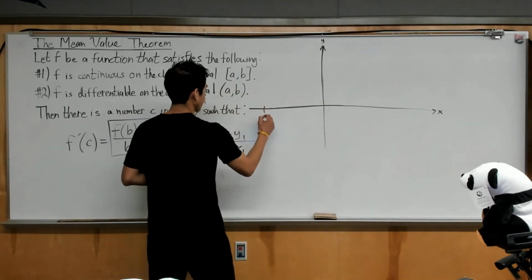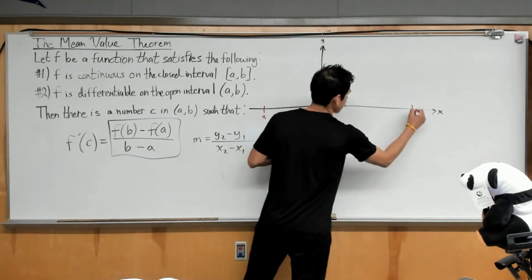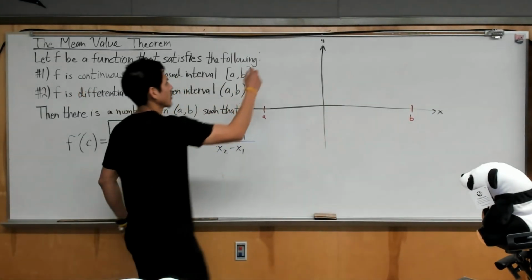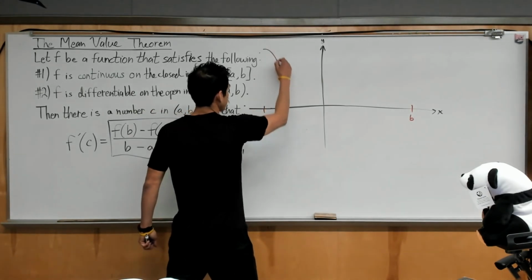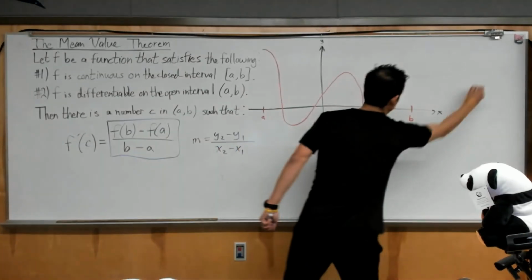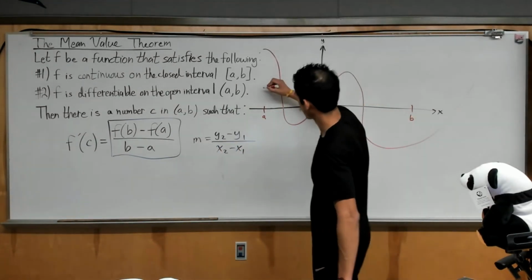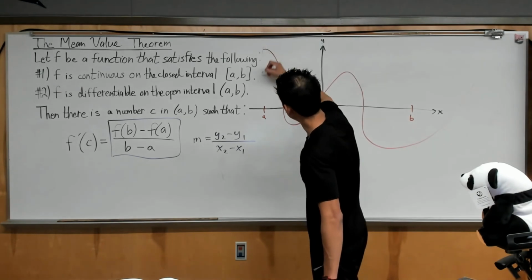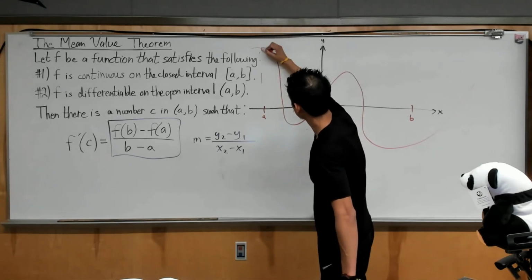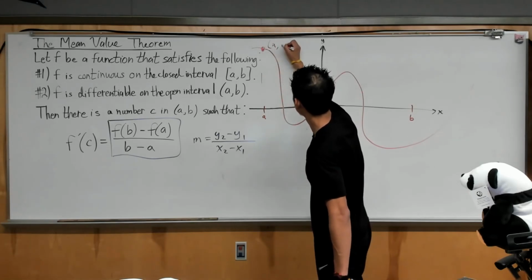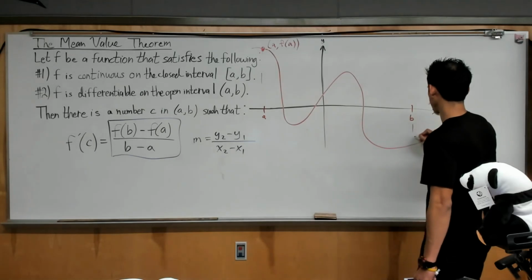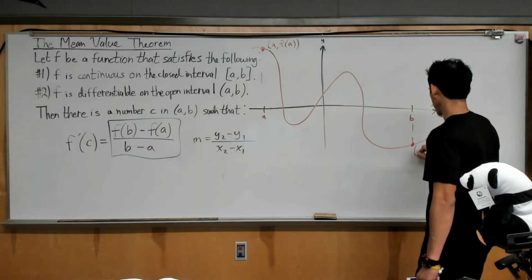So let's say I'm going all the way from a to b. I'm going to draw a graph that goes like that, and like that, and like that. Then a would be over here, this will be a, f of a. Over here would be b, f of b.